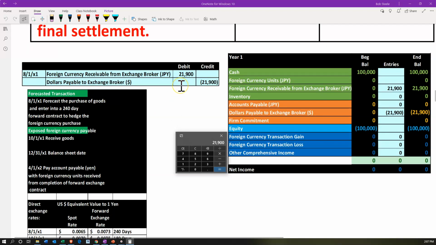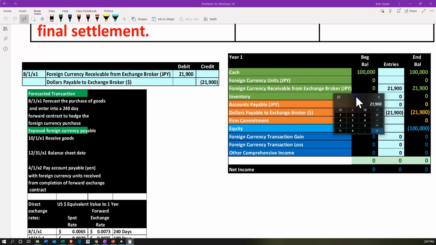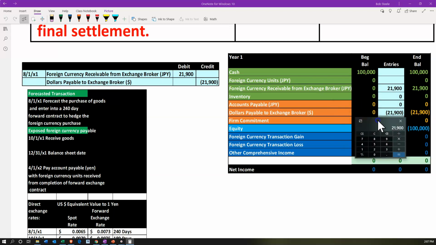That then records a debit of the 21,900 to the receivable, a credit of the 21,900 to the payable. That will look like this. Over here, I'll use the calculator as a ruler. There's the 21,900. That one, again, will change with the valuation of the currency. The payable, however, will not.